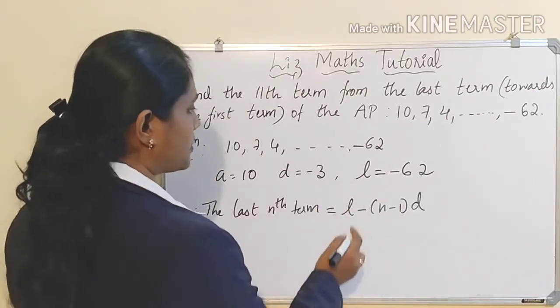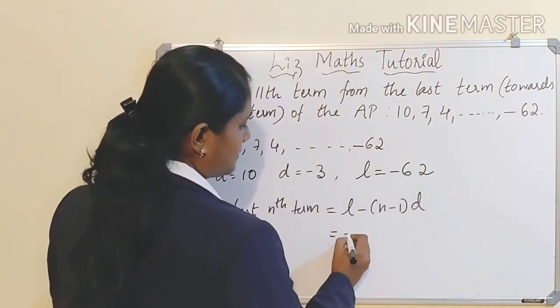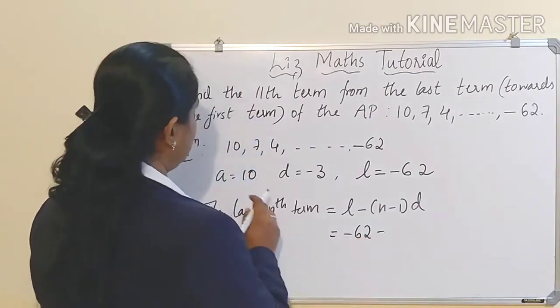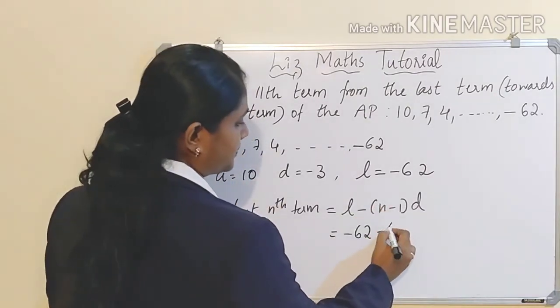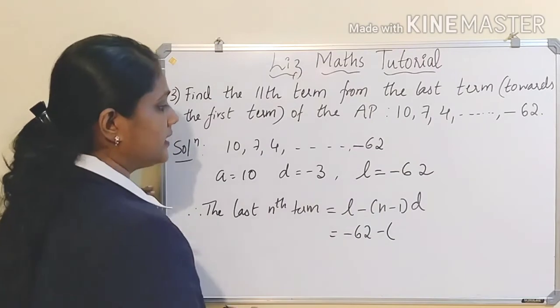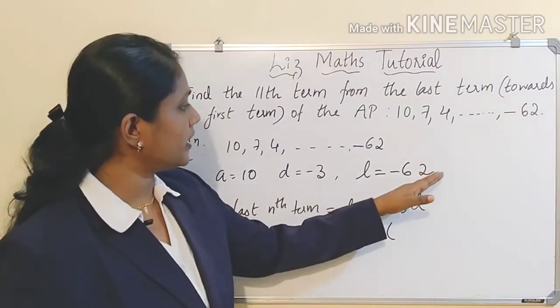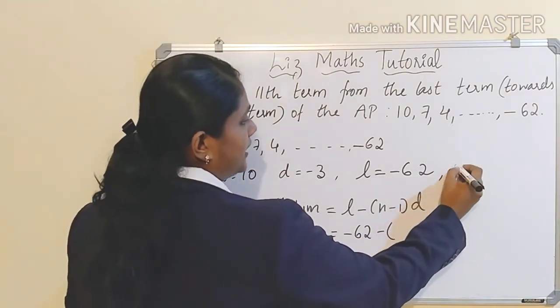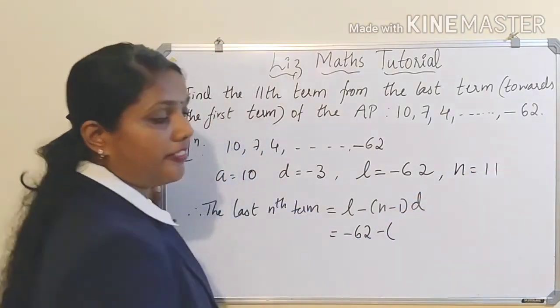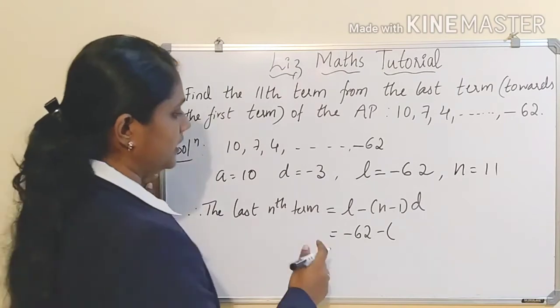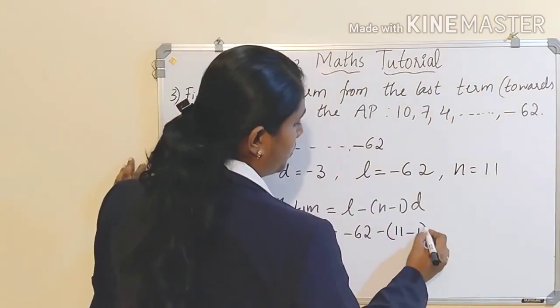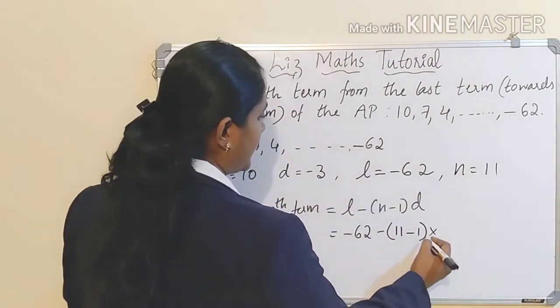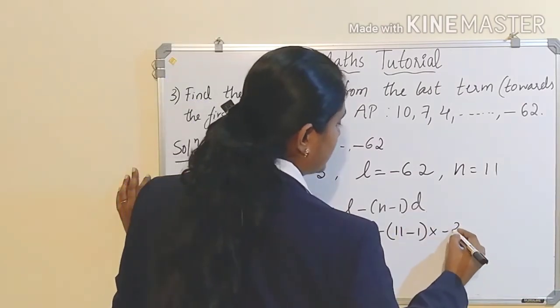So now substitute. What is l? l is minus 62 minus, and what is n? See here, what is n here? I have not written it here. What is the 11th term? That is the n. n is equal to 11 here. The 11th term. So 11 minus 1 into d. d is what? Minus 3 here.